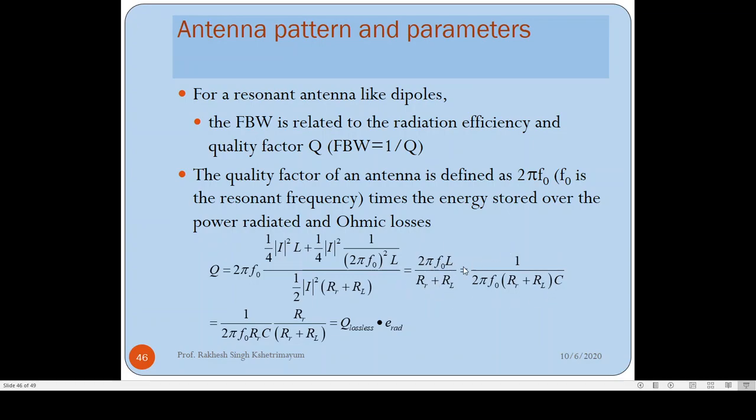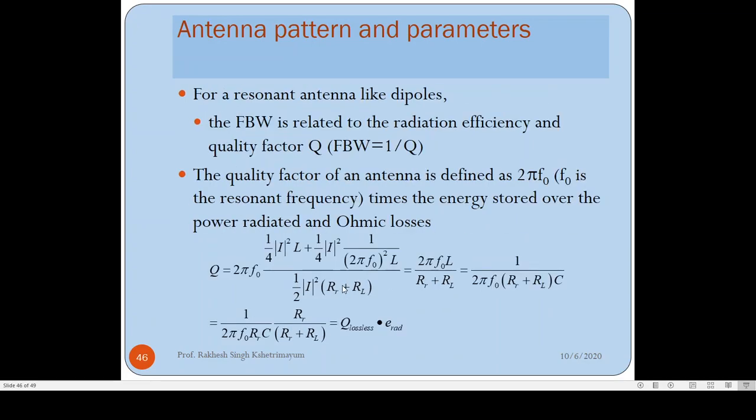You can write it in this form also, and similarly simplify it further and write it in the form 1/(omega 0 RR C) times RR divided by (RR plus RL). This term looks like radiation efficiency, because RR is the radiation resistance, dependent on the radiated power, and RL is due to the losses. So RR divided by (RR plus RL) is basically equal to the efficiency of the antenna, and 1/(omega 0 RR C) is your quality factor for the lossless antenna.